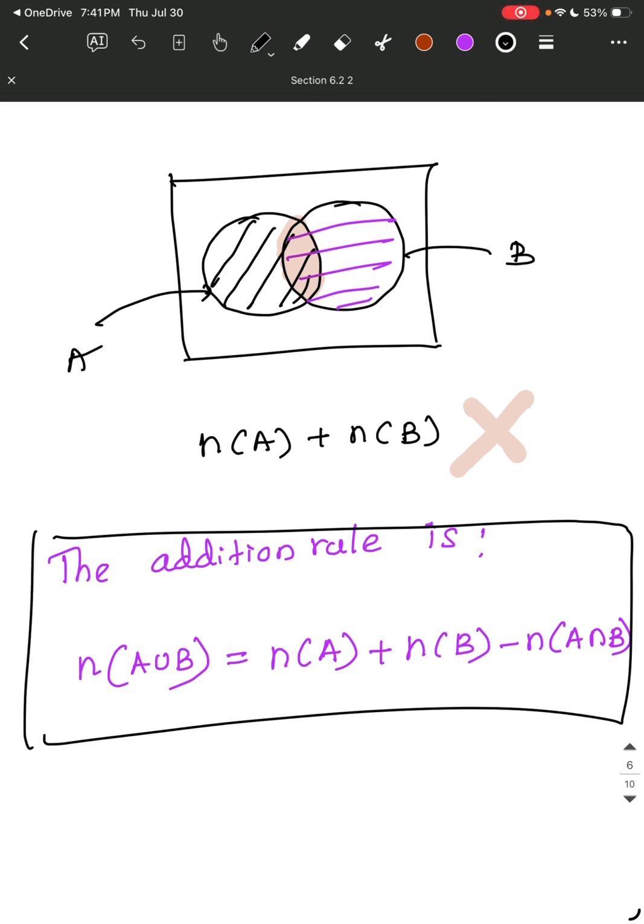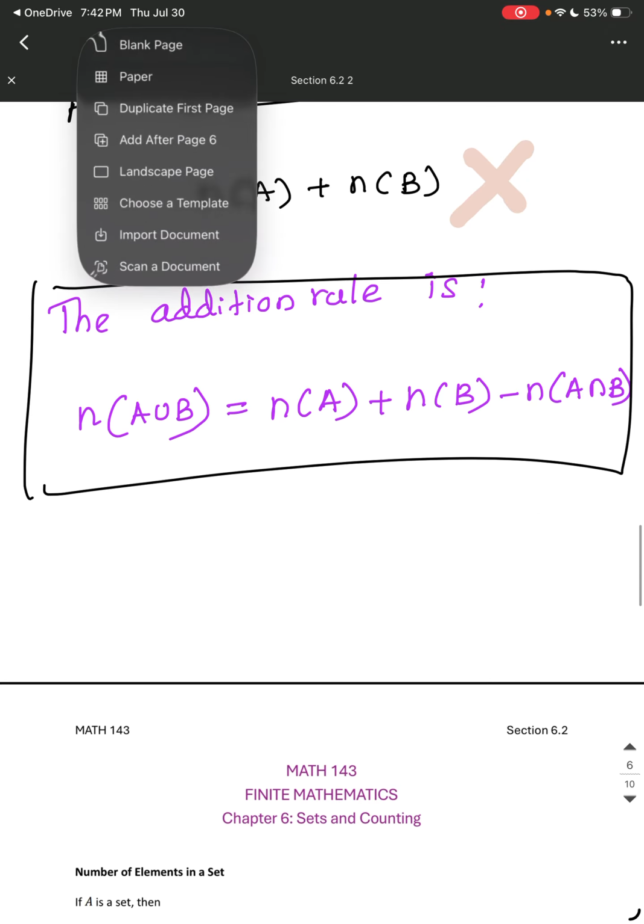Okay, why do we subtract the intersection? Let's make the logic very clear.